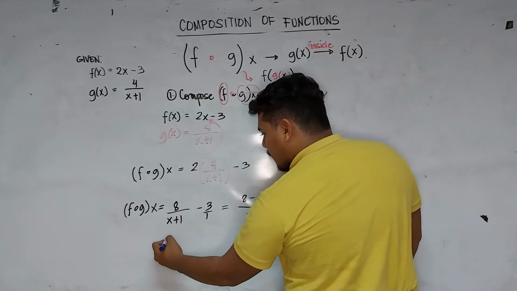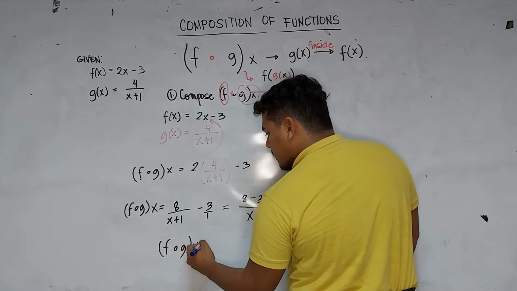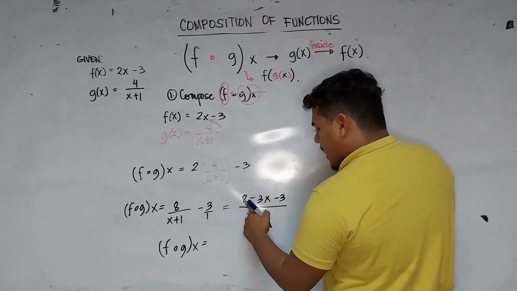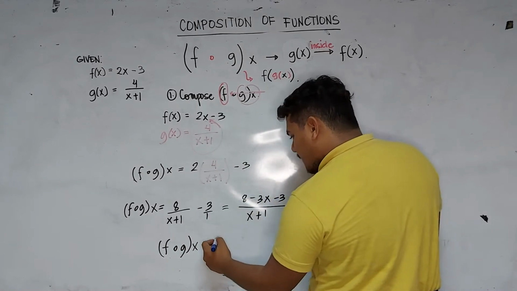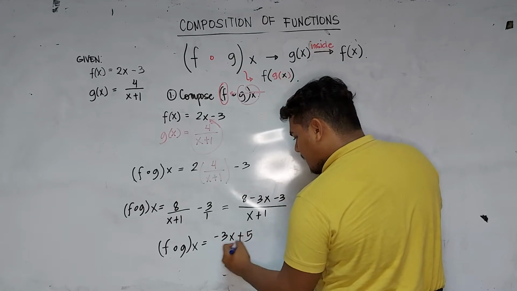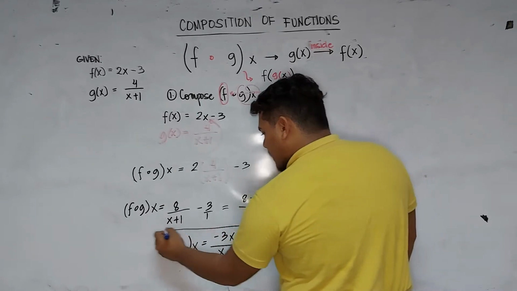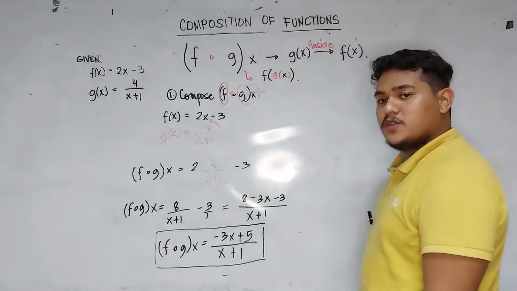So the final answer is 8 minus 3, that is 5. We have negative 3x plus 5 over x plus 1. That is your f composed of g of x.